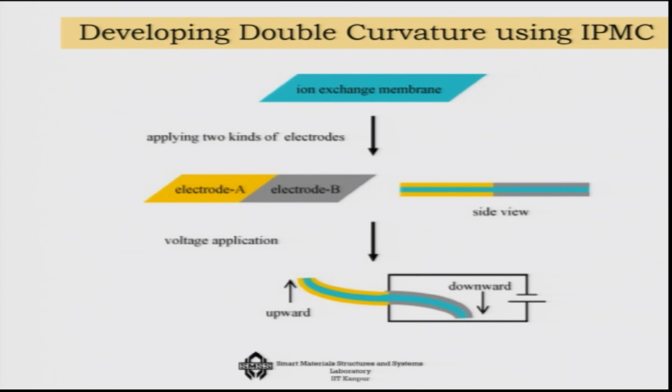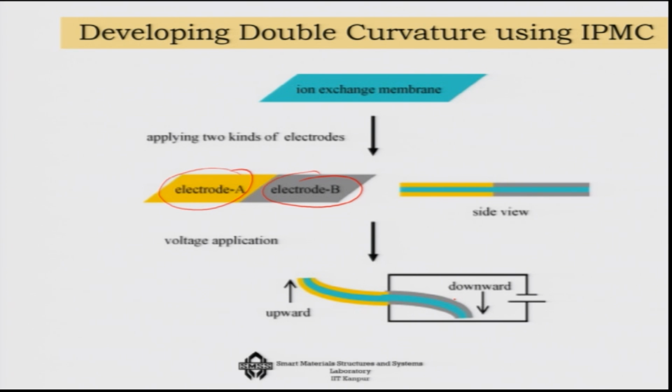By selectively choosing these electrodes, we can actually make a double bending system also. That means two different types of electrodes, so that the cations change polarities, and you can get deflections on two different sides.